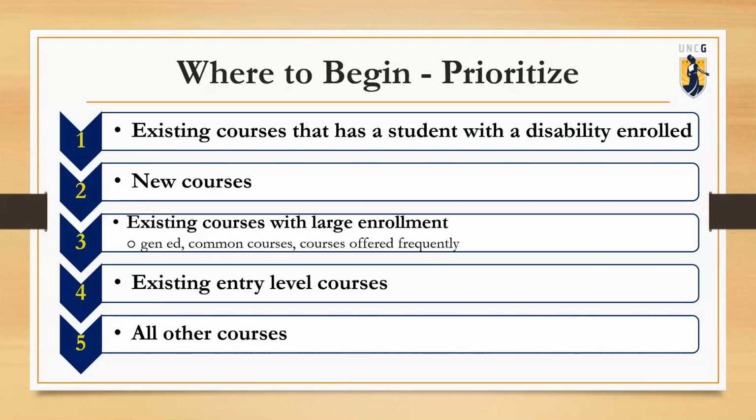And then from there, any other courses that you'd want to consider. But if you're prioritizing the one through four, really in that order, I think that is how you'd want to think about choosing what courses to start with.